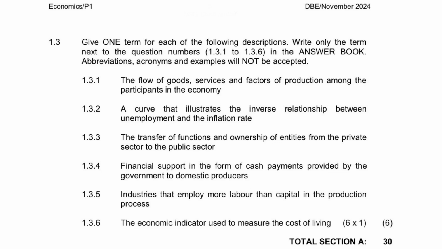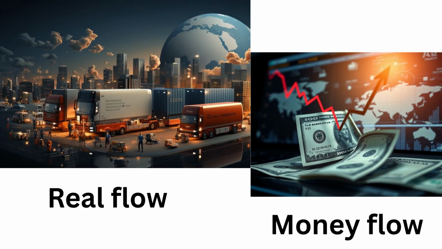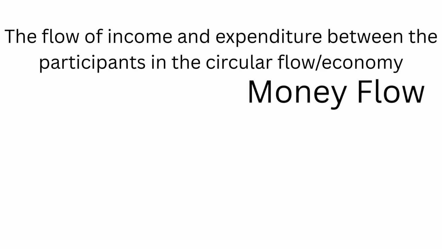And now we look at the November 2024 question paper. 1.3.1, which says the flow of goods, services, and factors of production among the participants of the economy. We have the real flow and the money flow. Now, looking at the flow of income and expenditure between the participants in the circular flow or economy, this is referred to as the money flow.